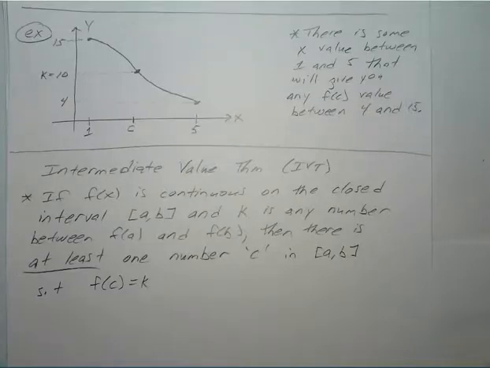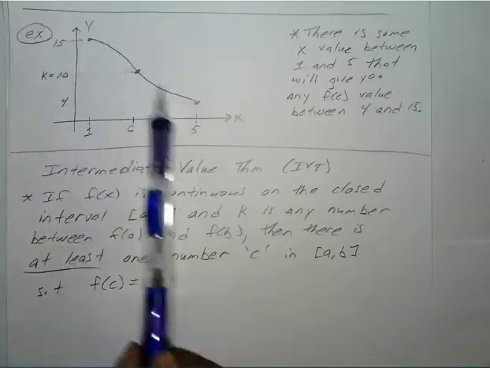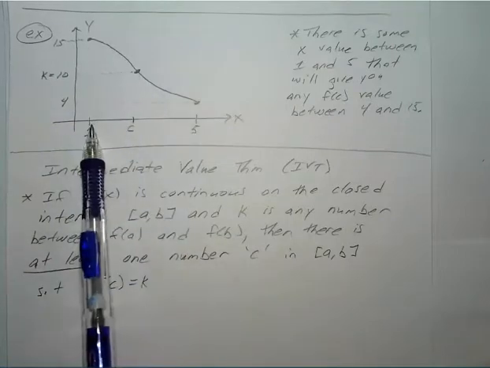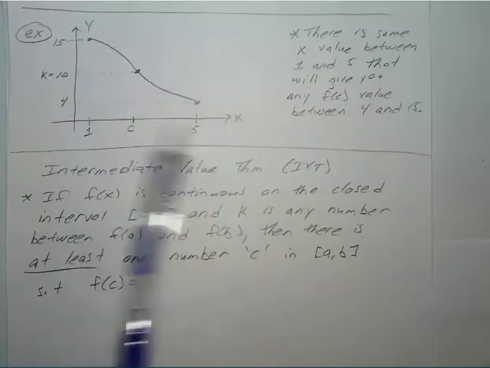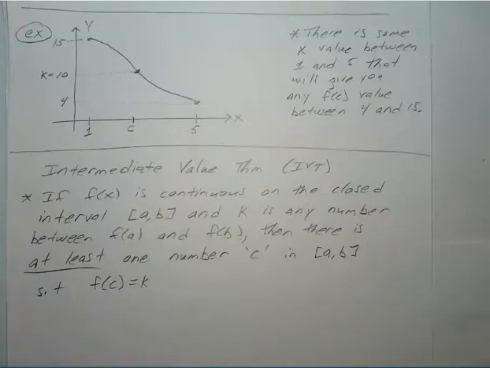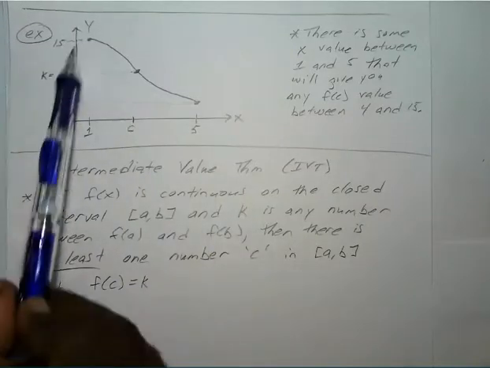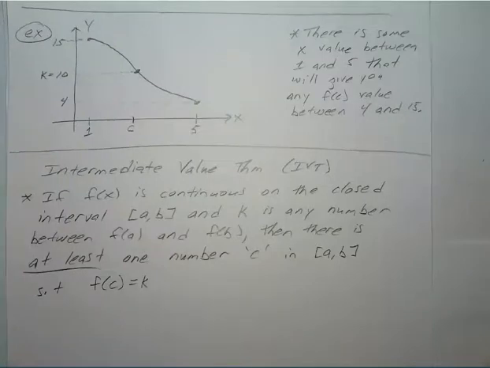Comparing the two, this is our f of x, it's continuous on our interval from A to B on the x-axis, and k is a number between f of A and f of B. Then there's at least one number c where f of c is equal to that k value.